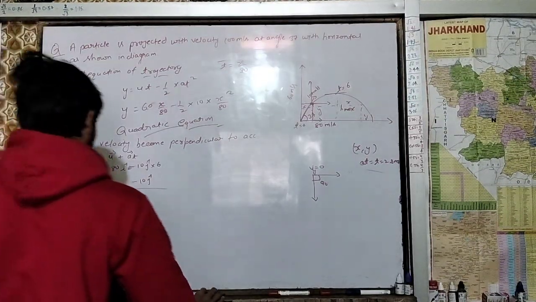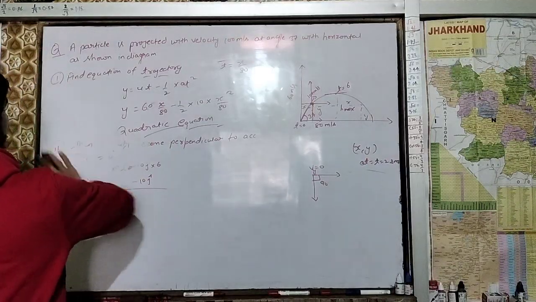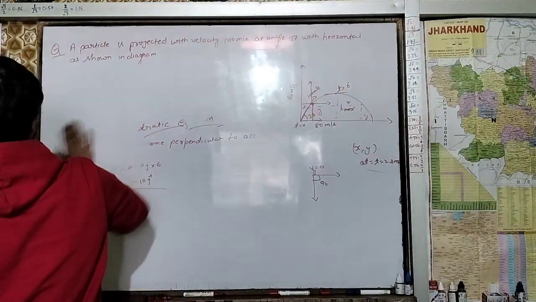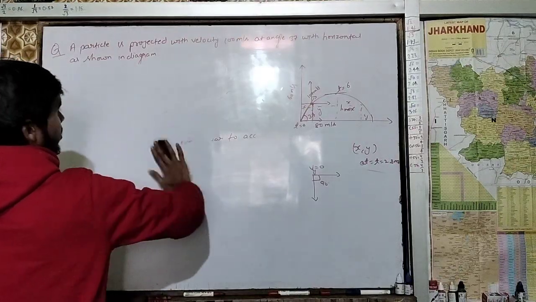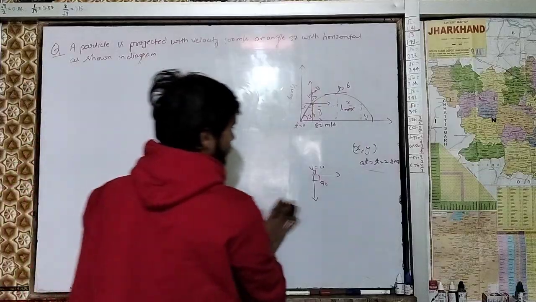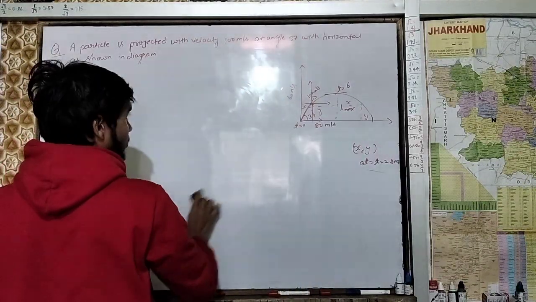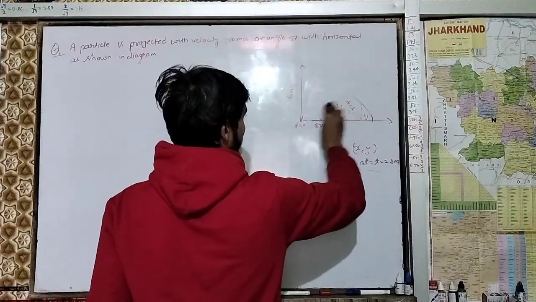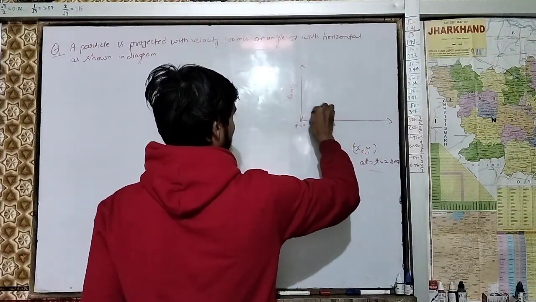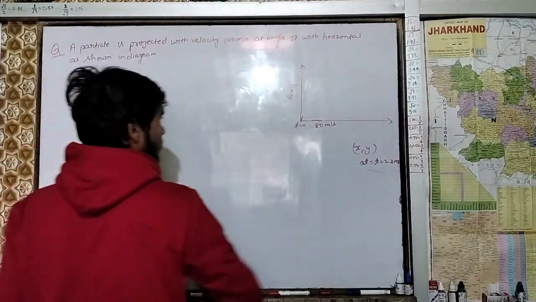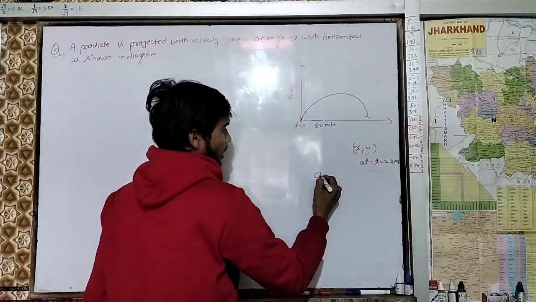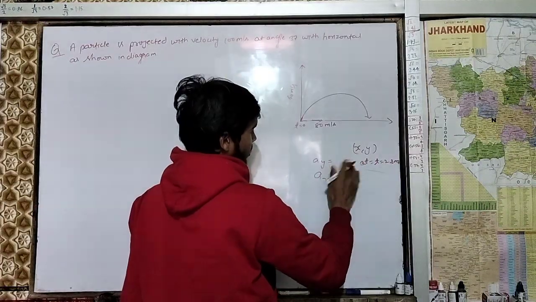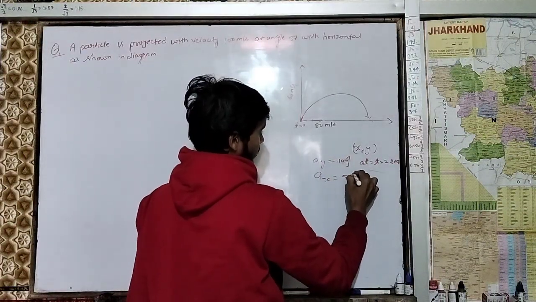And the next, a is given for x. Here ax is 5 and ay is minus 10 j cap, 5 i cap.